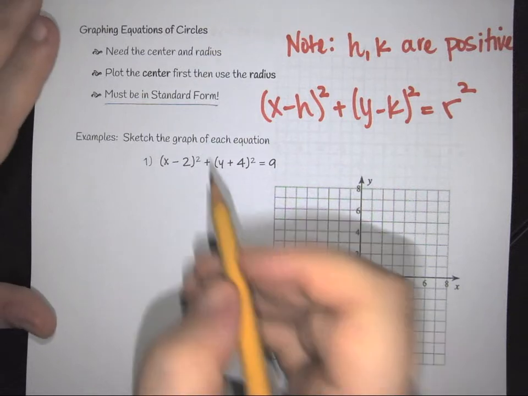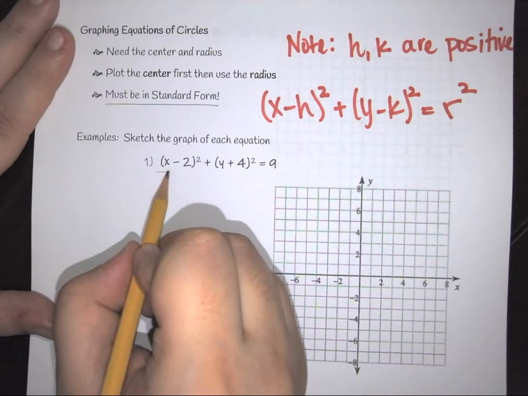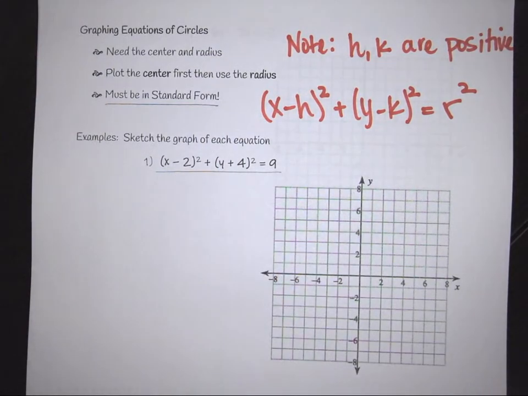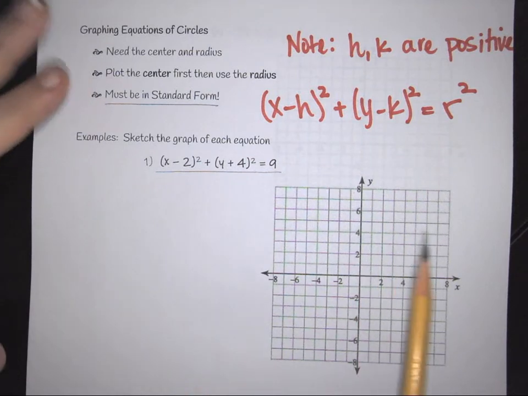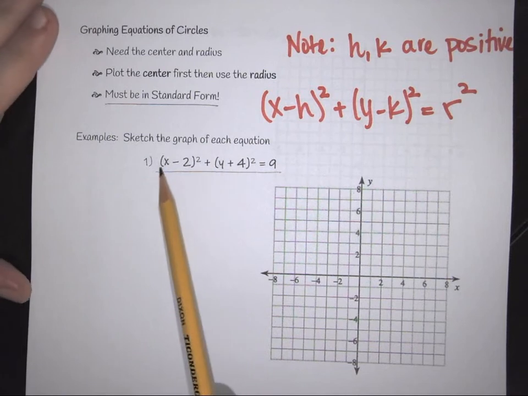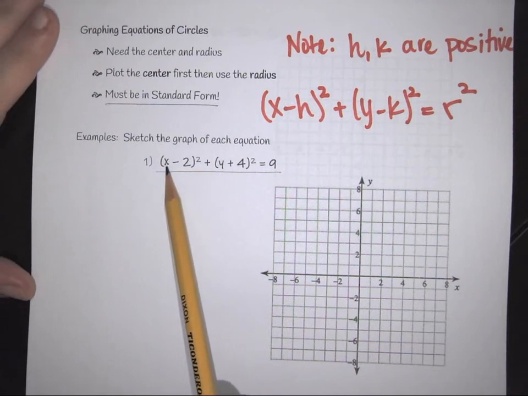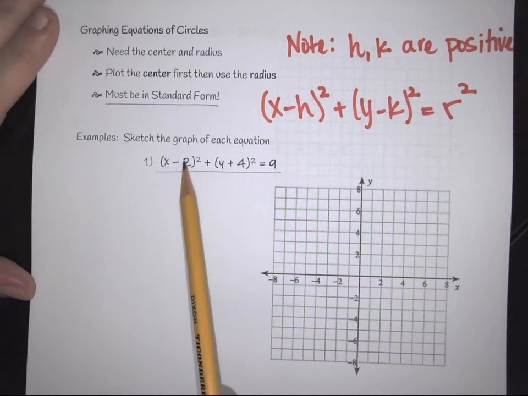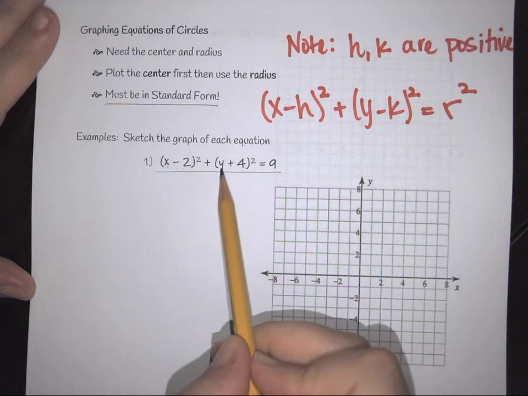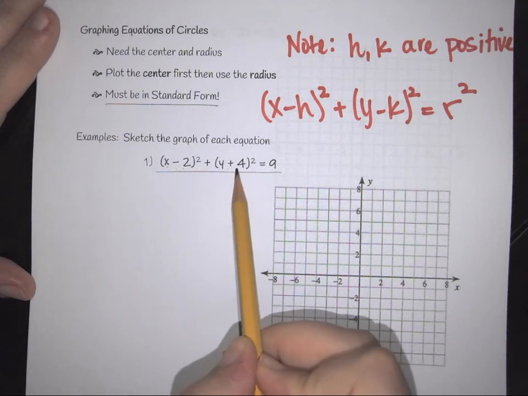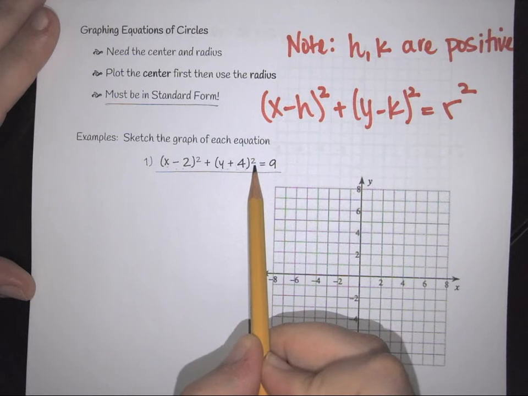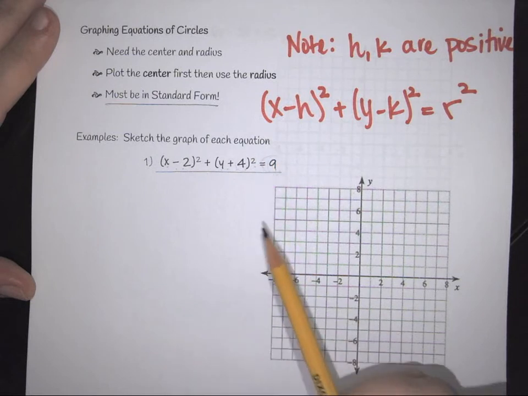So let's go ahead and start looking at it. This is the equation that I'm starting with, and what you have to ask yourself is, does this resemble standard form? Well, in this case, yes, it absolutely does. I have x minus h squared plus y minus k squared, and then I have this 9 here.